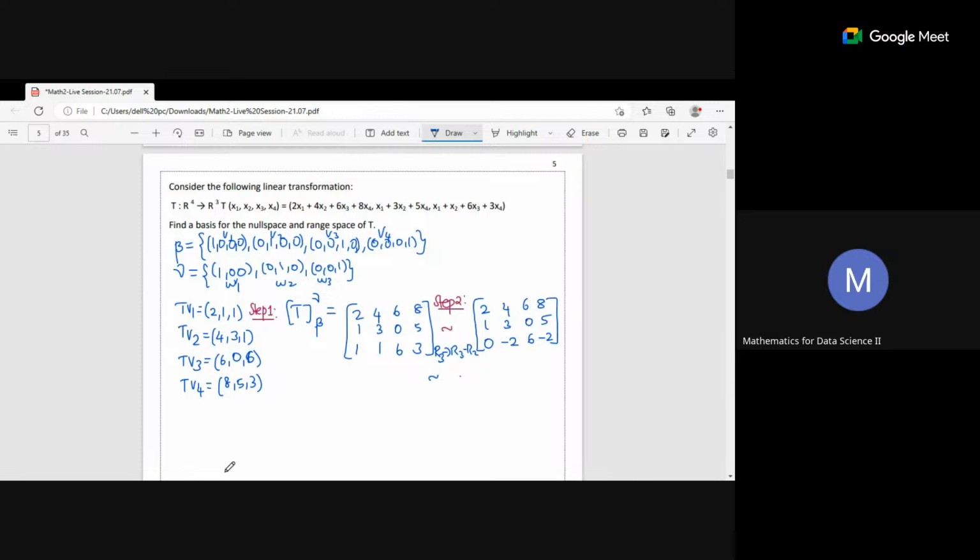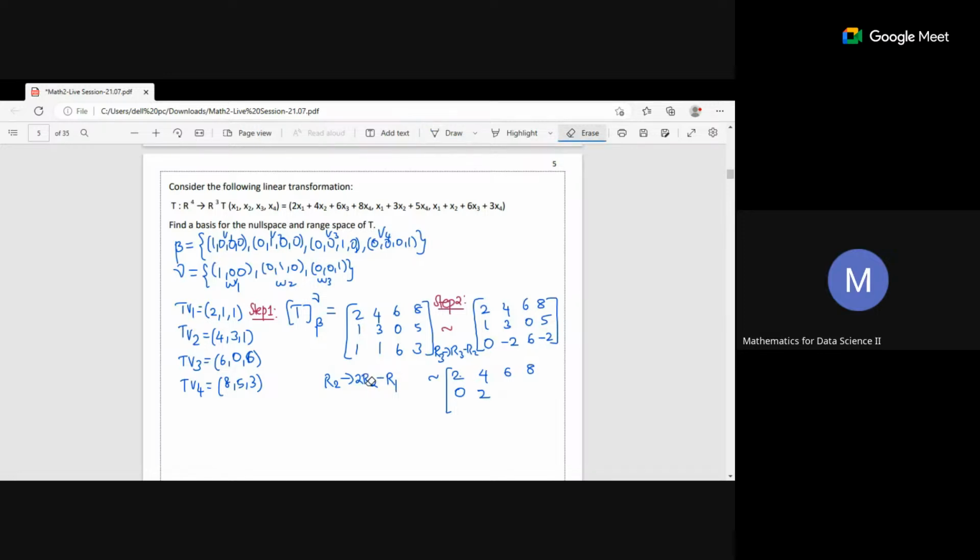For the next transformation, I can do R2 going to 2R2 minus R1. So what will you get? 2, 4. Actually, I guess it is better if I take R1 minus 2R2.